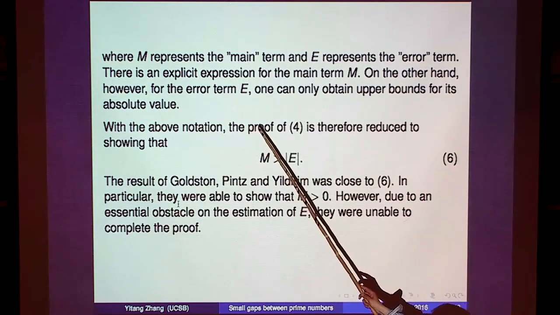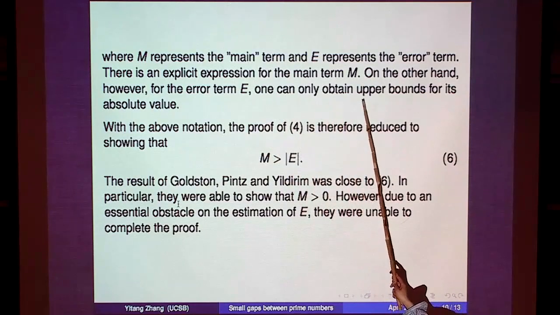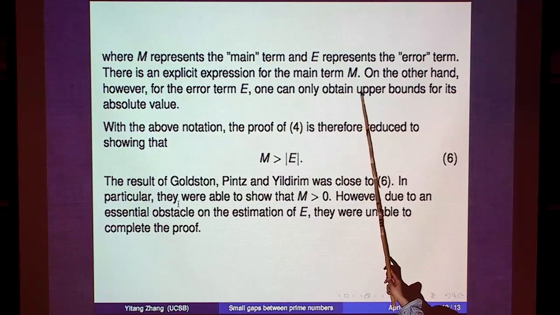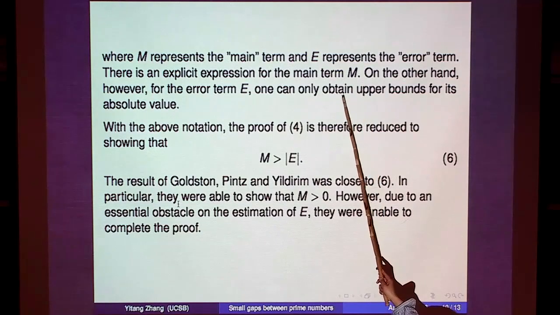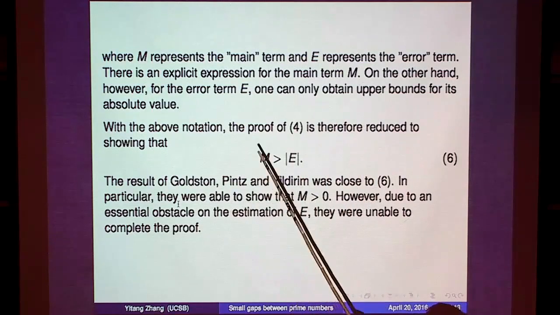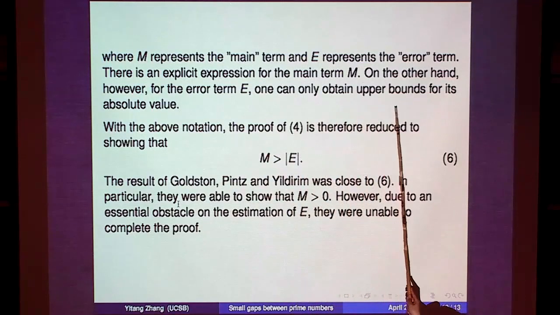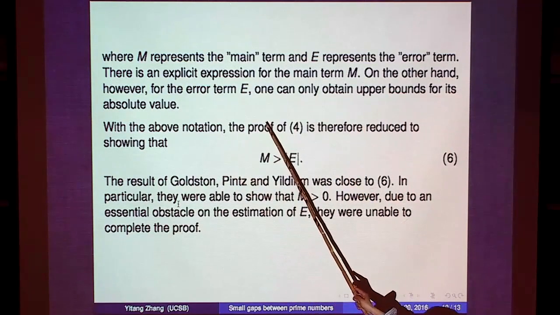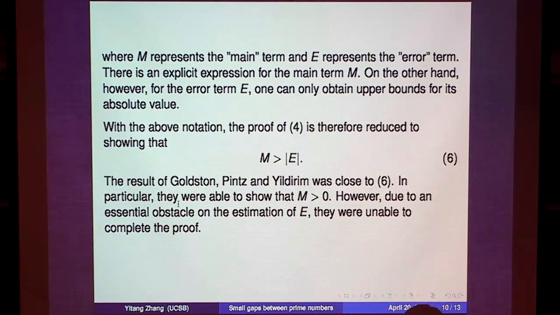There is an explicit expression for the main term M, but it is also complicated. That involves many quantities. On the other hand, for the error term, we can only obtain upper bounds for the absolute value of the error term.